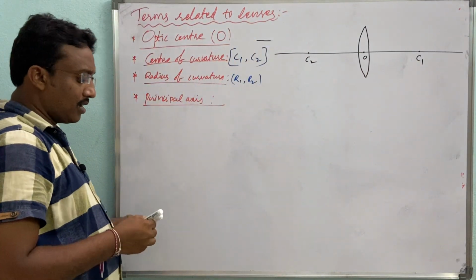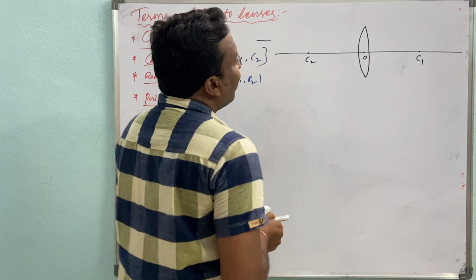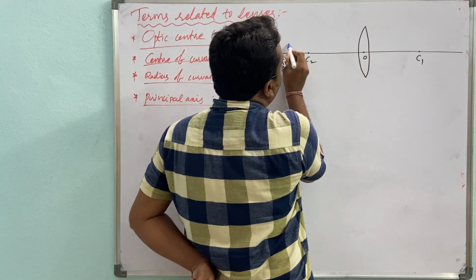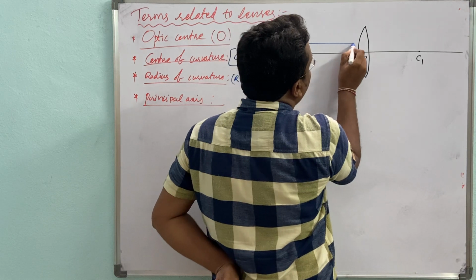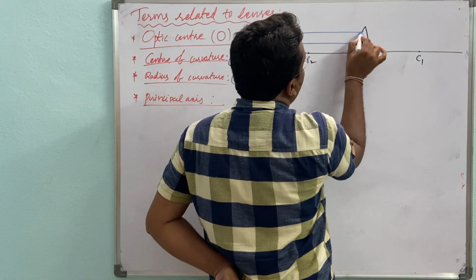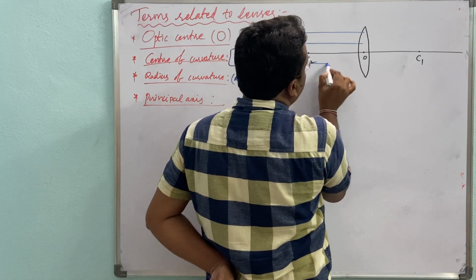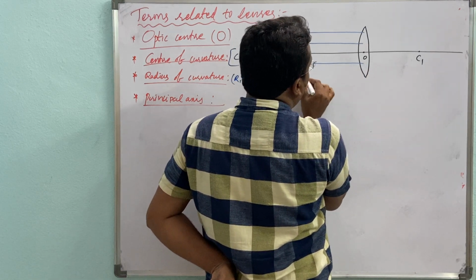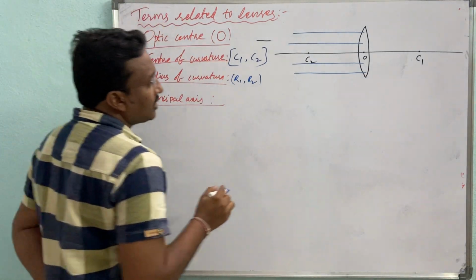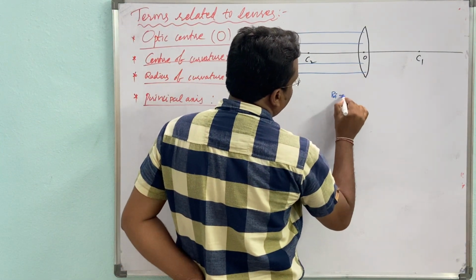Then if a parallel beam of light which is parallel to the principal axis falls on convex lens. On which lens? Biconvex lens.